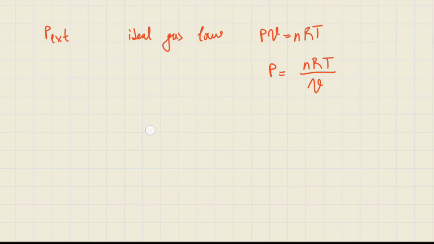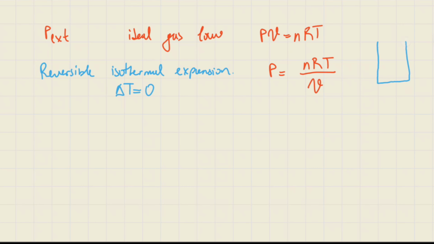For the reversible isothermal expansion, we can make some arrangements. What does isothermal mean? Isothermal means that delta T equals 0. So we are moving the piston without changing the temperature, which can be done in an ice bath or water bath, whatever.